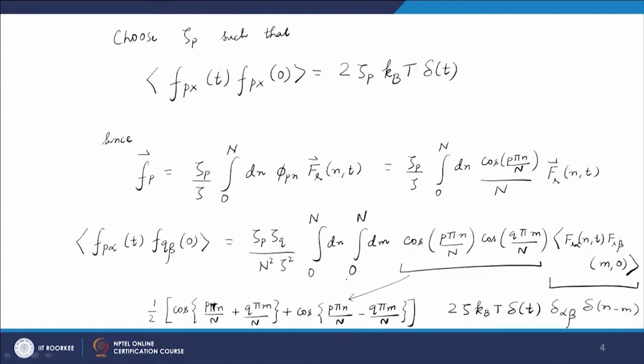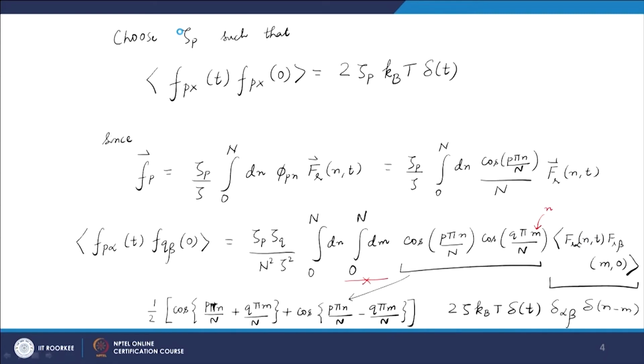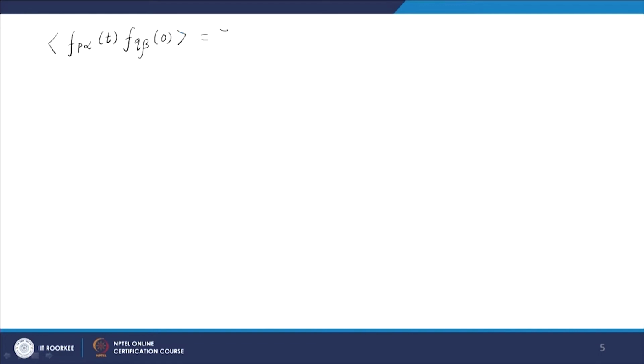So, I will essentially take this away and replace m by n there, and essentially then what we have is f_p alpha(t) f_q beta(0), that is what we started with, is equal to zeta_p zeta_q by N squared zeta squared, and then we also had a 2 there from the cosine terms, and then we have integral over 0 to N over dn, and then we have two terms here.